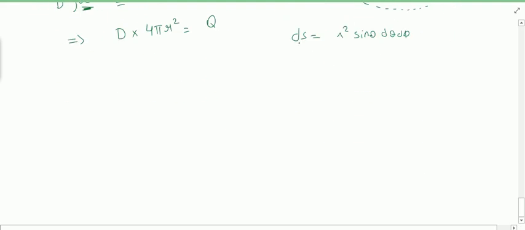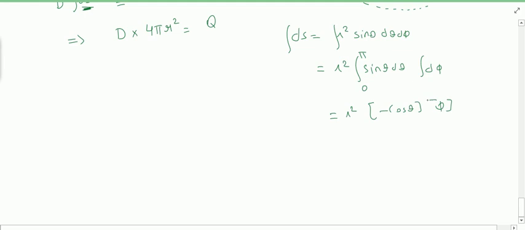If I integrate this, r square comes out, and as they are independent, I can write independent integrals. The integral of sine theta is minus cos theta, with limits 0 to pi.